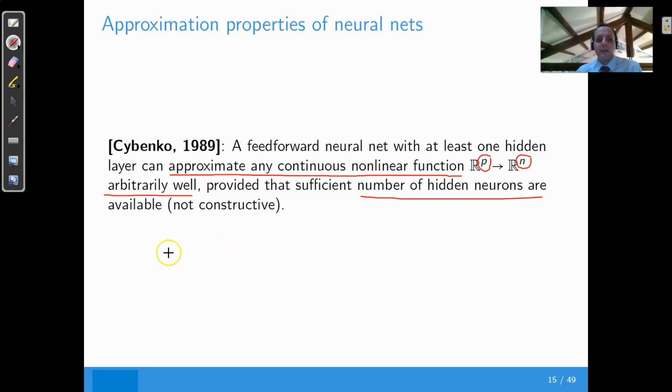But this condition says, provided a sufficient number, so it doesn't say how many neurons you need to have this approximation. So it means that normally you perform a trial and error procedure in order to find it, depending on the error that you want to obtain, the approximation error.